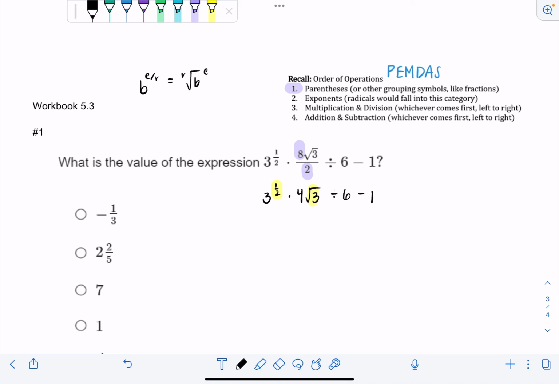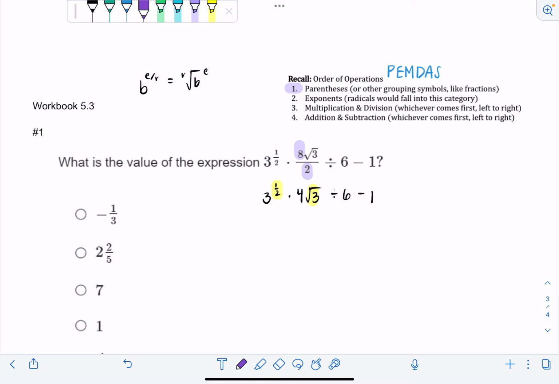And I think that's from lesson 2 or lesson 3 maybe, if you want to look back at it. But I'm going to put the rational exponent in radical form. And there's really not a correct or incorrect way to do it. It just really comes down to personal preference.